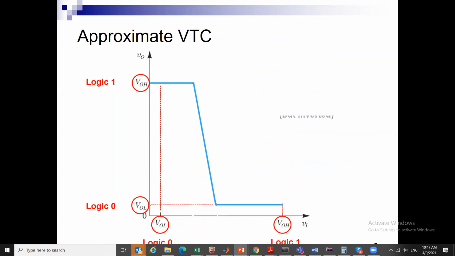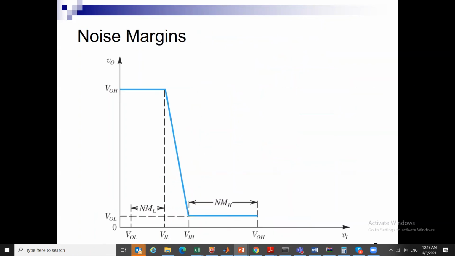Okay, so let us see then. The logics are inverted, so we define for a given circuit the noise margin low and the noise margin high. The noise margin low represents by how much I can exceed VOL without falling into trouble, with the output remaining high. And it is typically determined from the low gain region of the transfer function. Once I hit the high gain region, I will be in trouble.